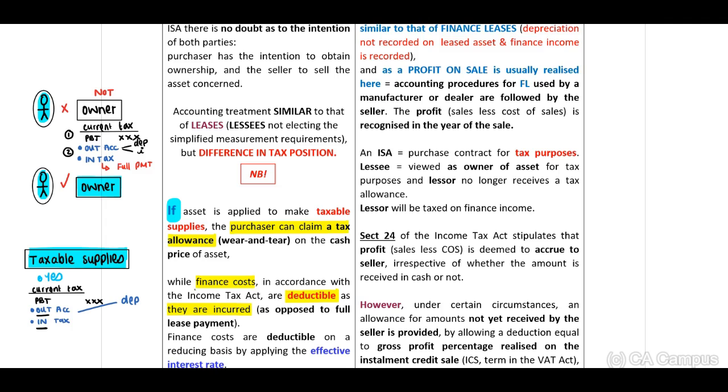No. The finance costs in accordance with the Income Tax Act are deductible as they are incurred. Do you see, guys? Therefore, we will not take out your finance costs. Do not take this out. You only take out your depreciation.